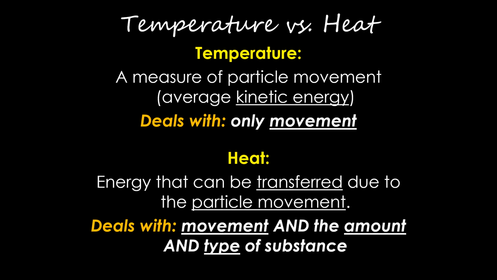When we're looking at how much heat we've transferred, it's going to deal with how fast they're moving, their temperature, the amount or mass of the particles, because if you have more stuff, you're going to have more heat, and the type of substance. Different substances are going to transfer heat differently, just like we saw in some of our heat stations. And we'll talk more about that as we go through this unit.